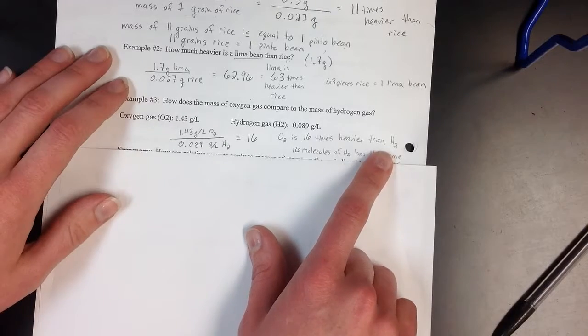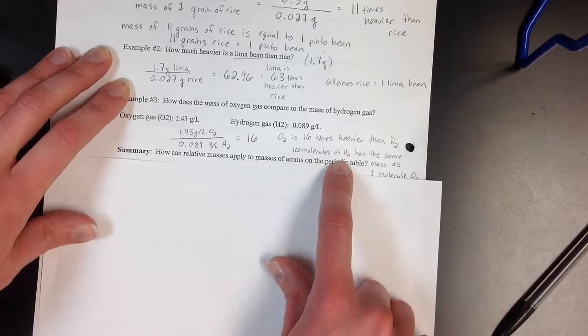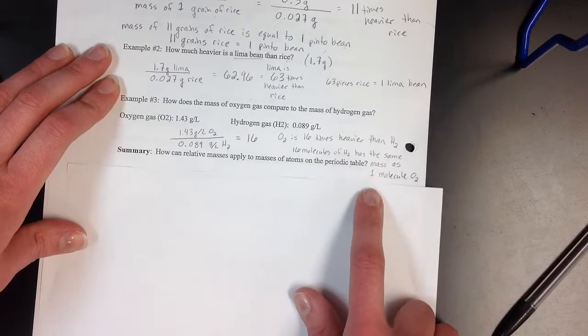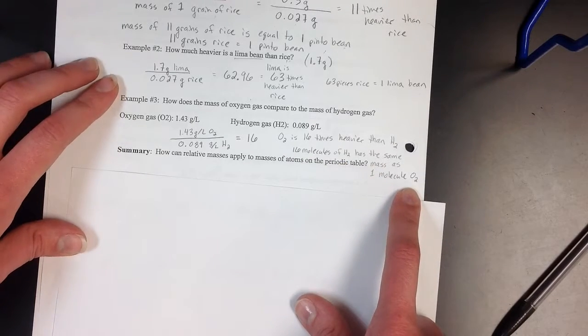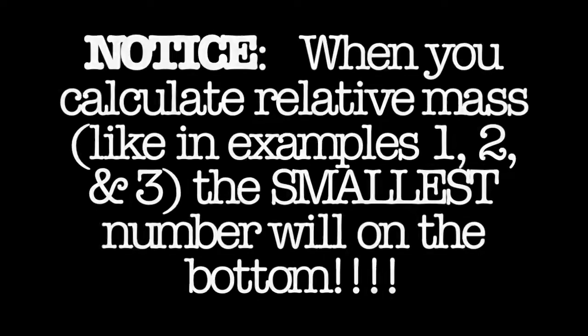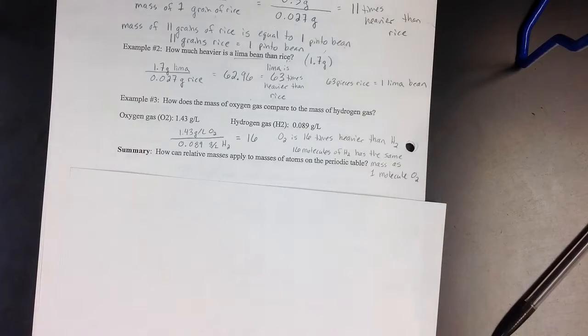Another way to say that is we could say 16 molecules of H2 has the same mass as 1 molecule of O2. All right, so oxygen, 16 times heavier.